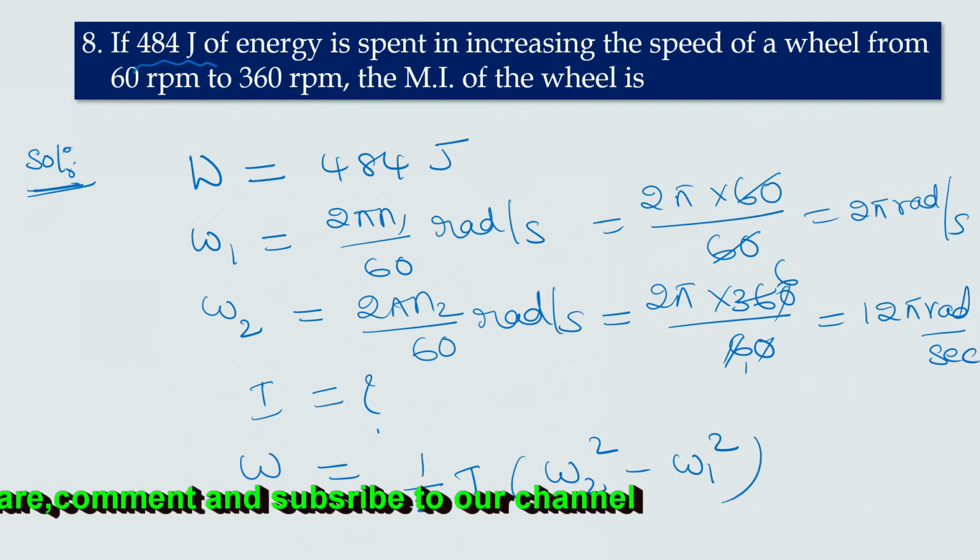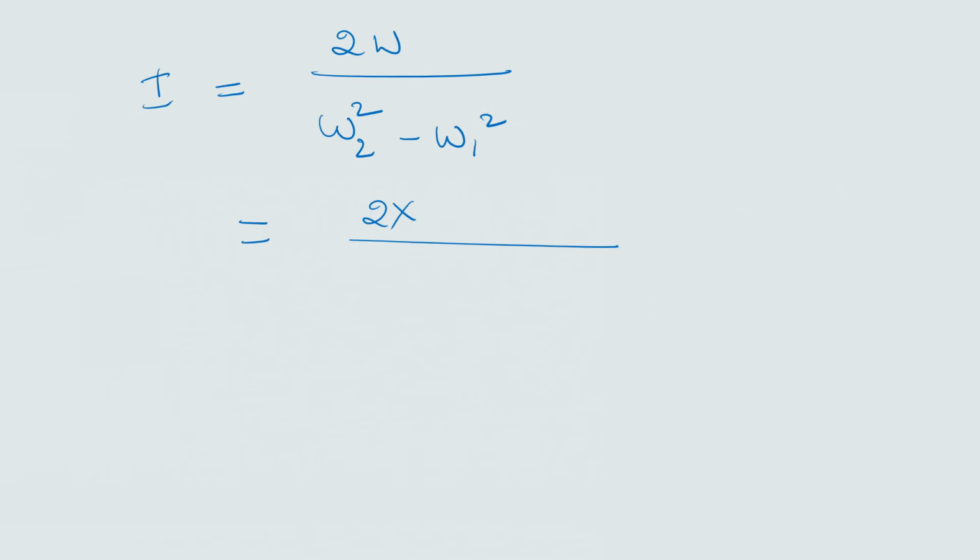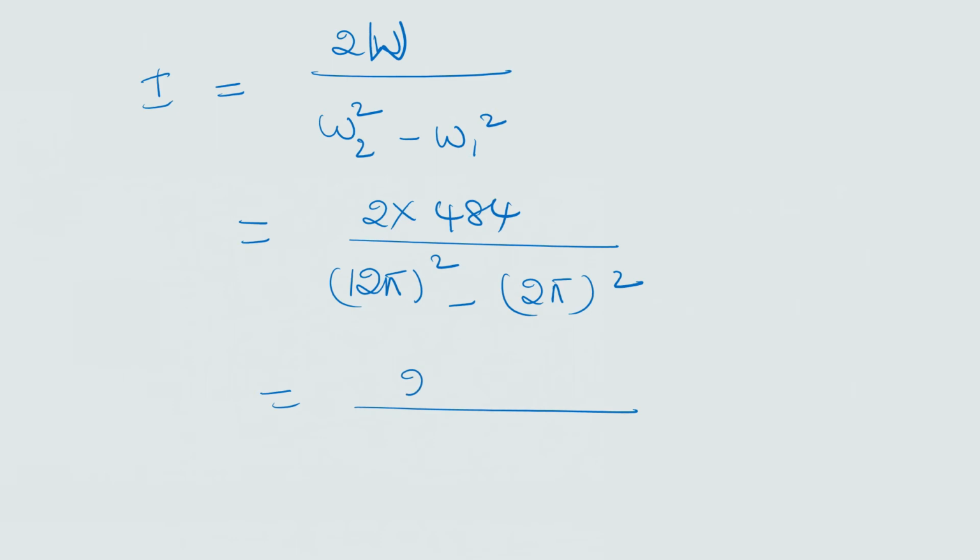From this, I is equal to 2W by omega 2 square minus omega 1 square. Now substituting, 2 into 484 by 12 pi whole square minus 2 pi whole square.